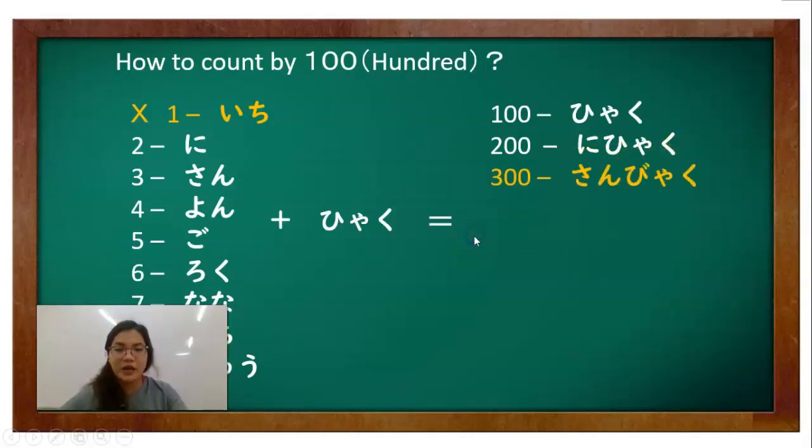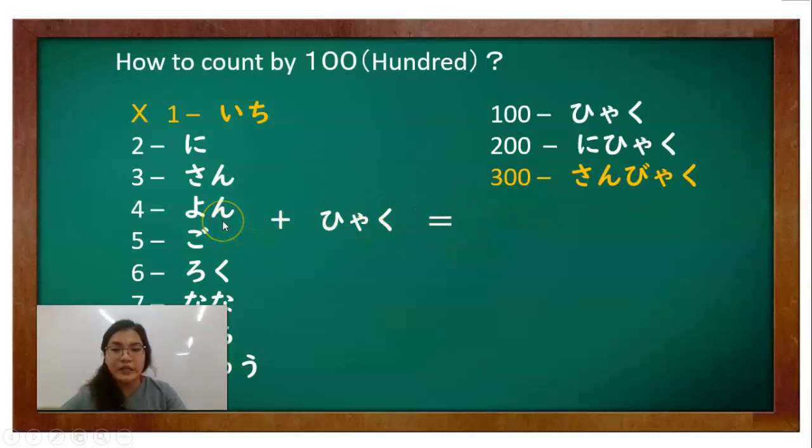How about 300? 300 is san plus hyaku, which is sanbyaku. Remember, this time 300 is special. There is a dakuten here, so that makes byaku. Sanbyaku.